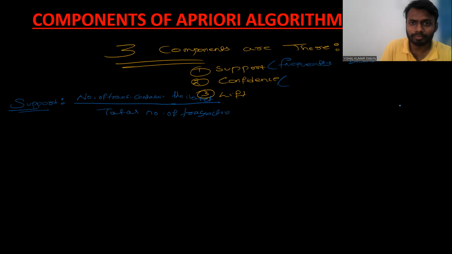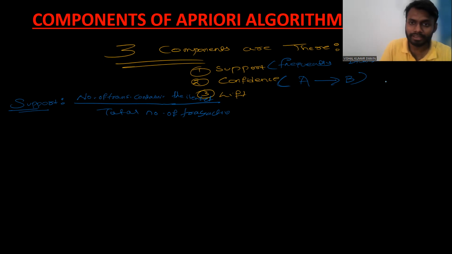Confidence measures the strength of the implication rule. It means that if you buy product A, then you will also buy product B. It measures the strength of the implication of the rule.